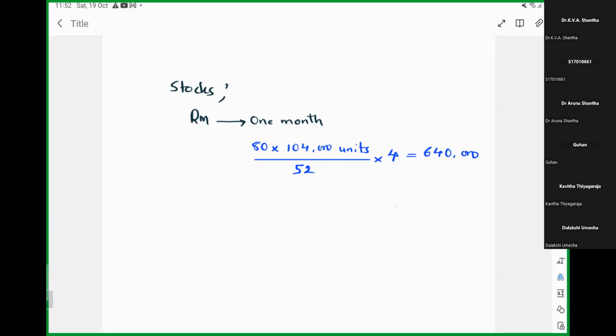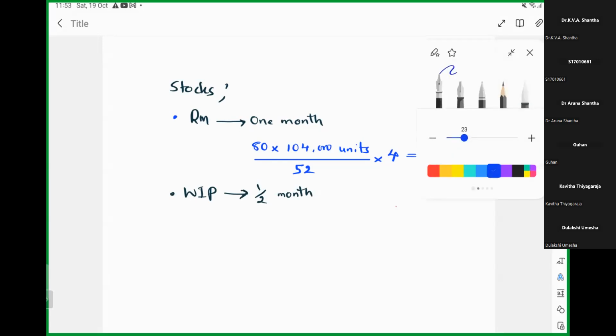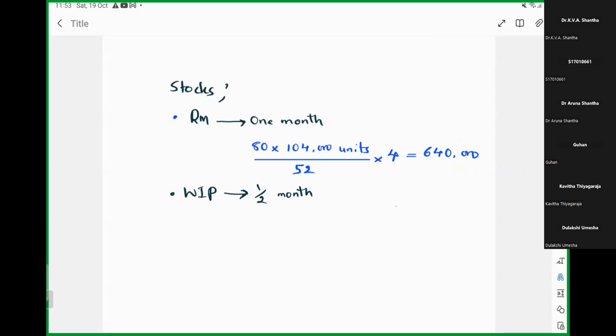Then that's raw material. Then work in progress. Work in progress is half month. So when you calculate the work in progress stock, you have to take raw material, labor and overhead cost. Now if you see the question, raw material 80 per unit, labor cost 30 per unit, overhead cost 60. Altogether 80, 30, 60.